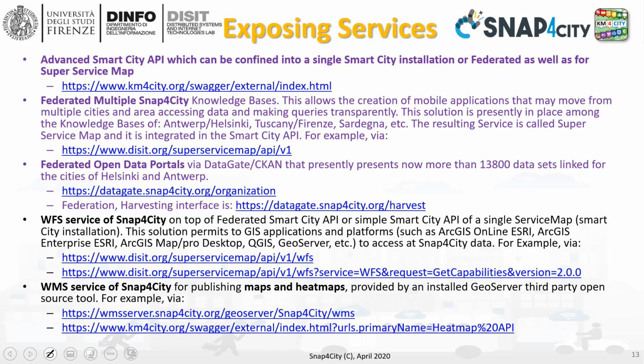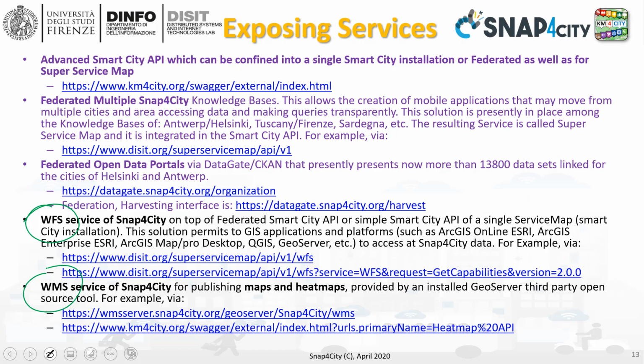In addition to exposing Smart City APIs or federated Smart City APIs, it is also possible to expose WFS and WMS services of Snap4City to others. These are also part of the Smart City APIs.